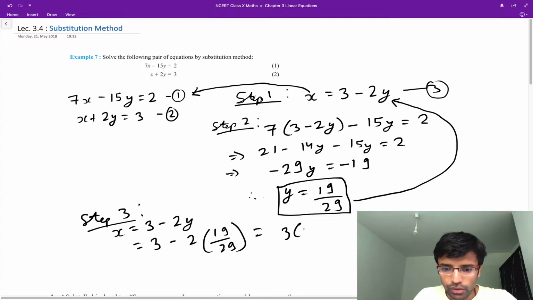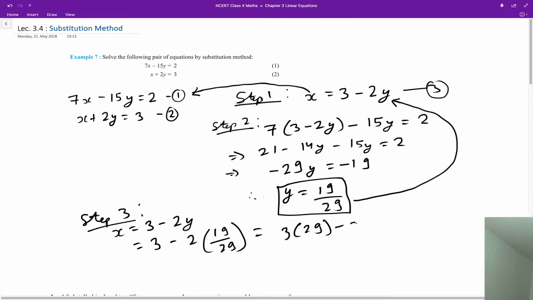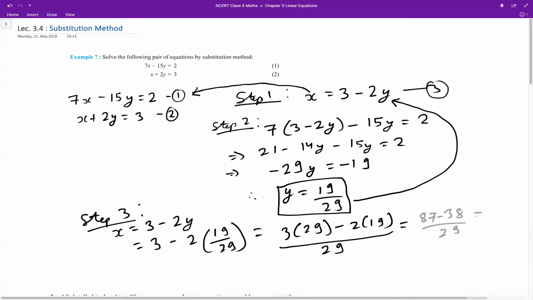So now we just do 3 times 29 minus 2 times 19, divided by 29. So you have equal to 49 by 29. So we have our solution here. x is equal to 49 by 29 and y is equal to 19 by 29.